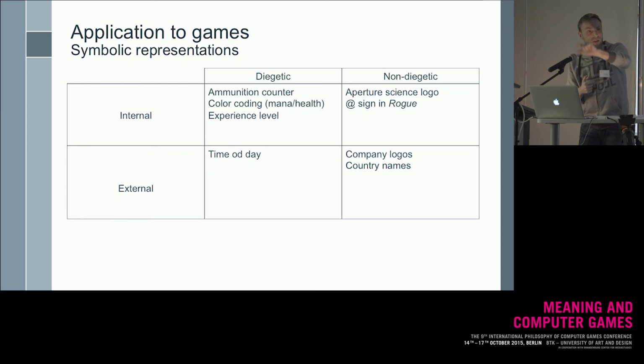You wouldn't have to have the ammo count. But if you didn't have an experience level indicator, you wouldn't know what your experience is, because this is a tacit mechanic that is given to you only by this symbolic representation. So this is an example of things that are specific to games and that are interesting because this sort of classification shows them to us.